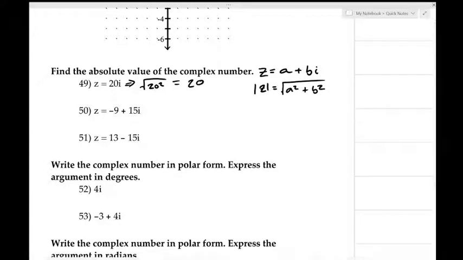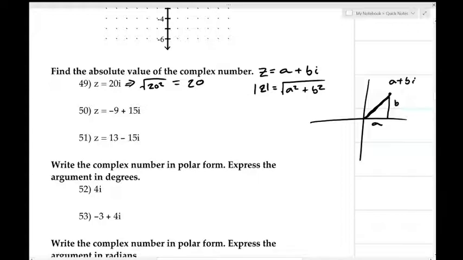and if you don't remember, think about the point here, a plus bi, and we're finding that diagonal. That diagonal right here is the magnitude or the absolute value of it. This is the a, and this is the b distance that we have to cover.